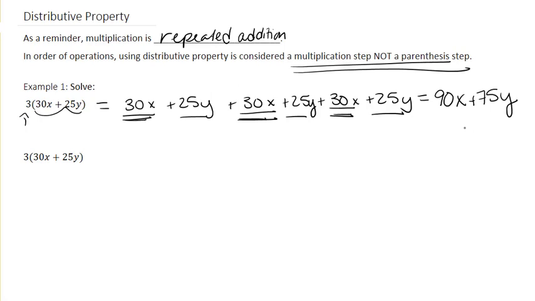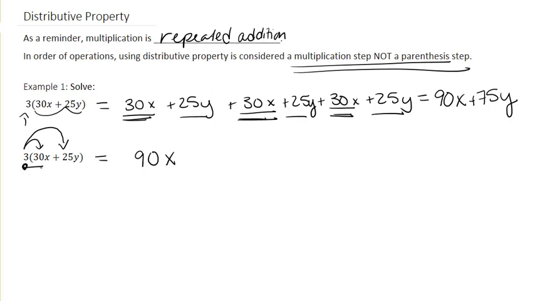terms together. But what the distributive property does is it allows us to take this number 3 and multiply it by the first term, which is the 30x, and then the second term, which is the 25y. So 3 times 30 is equal to 90x.